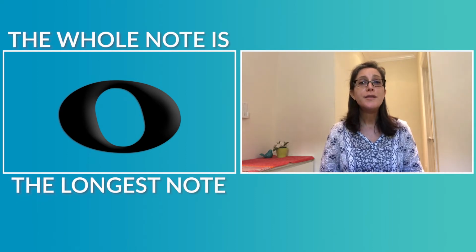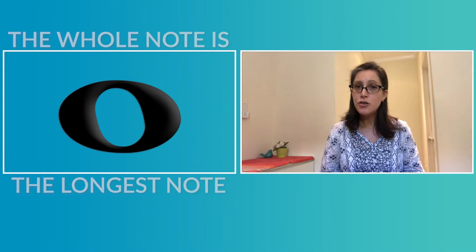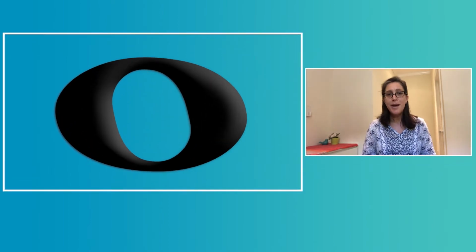Let's learn about some of the other notes that are shorter than the whole note. We can learn about them the same way you may have learned about fractions in your math class. Let's imagine we have a whole note that is represented by a cookie. This cookie can be cut and shared with others.